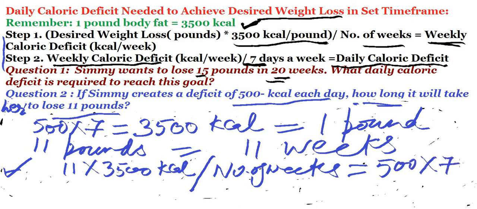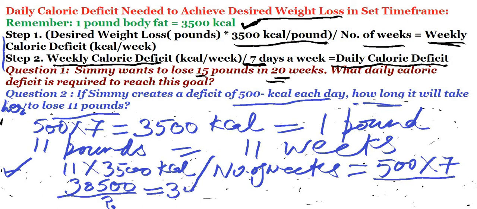When I multiply 11 with 3500, it comes to 38,500, and here comes your number of weeks. I am putting a question mark because we are not aware of it. Then is equal to 3500.